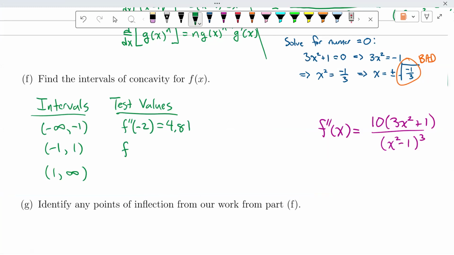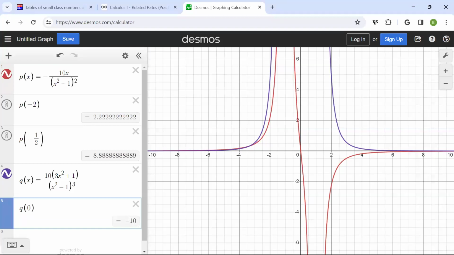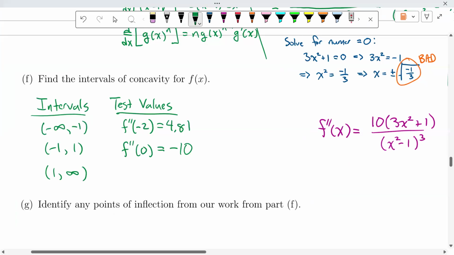All right. What's the second derivative at 0, you ask? It's not 0, it's going to be 10. Just 10. No, it'll be -10. Here, let's let the computer do the work for us. Yeah, -10. Okay, now you believe it.